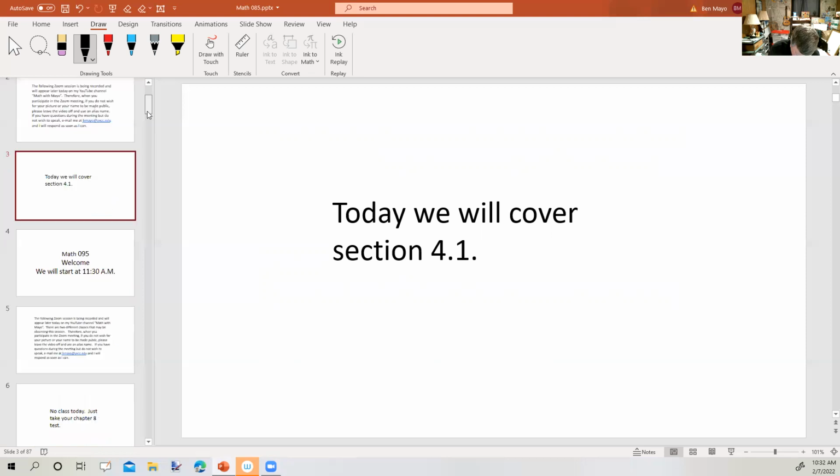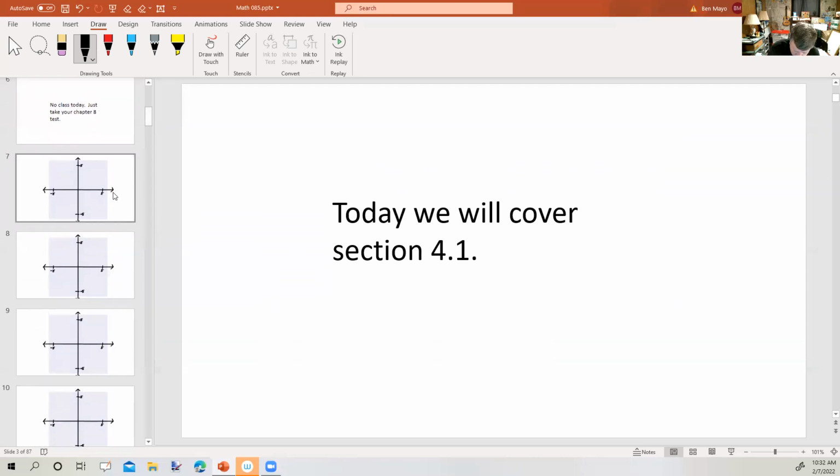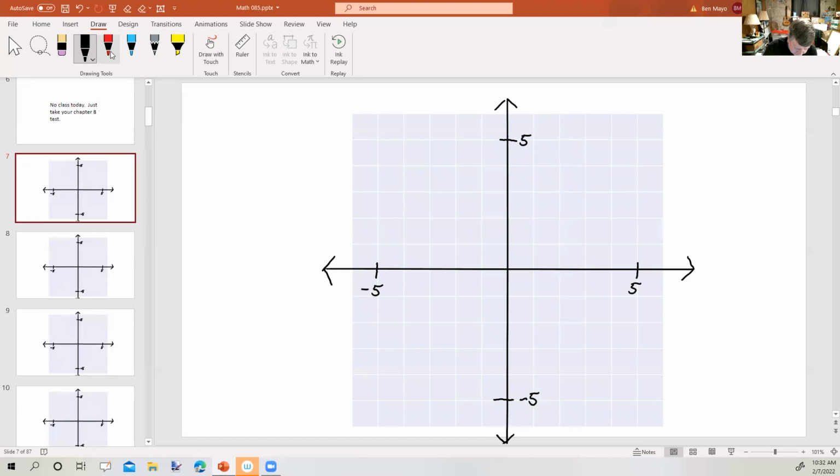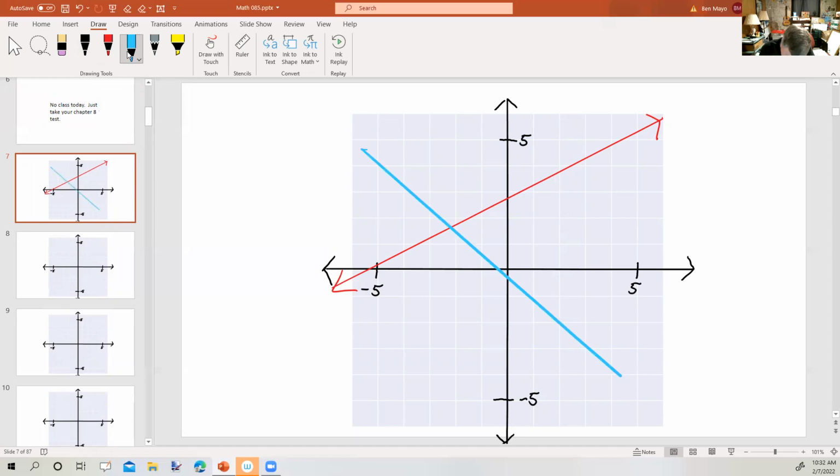Okay, there are three different possibilities. So let's take a look at the first one. One possibility is that the two lines intersect at a given point. That point would be the solution to the system.